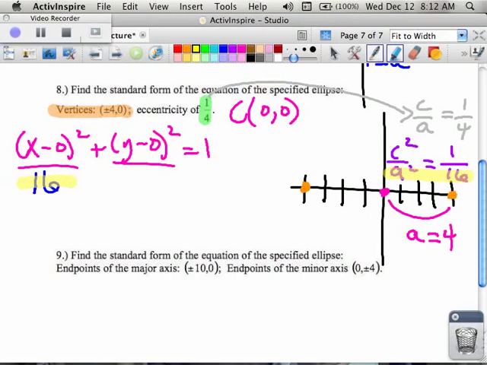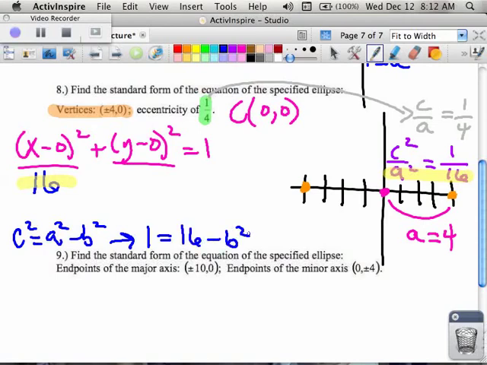I can use my formula that we've had in the past, the one that goes c squared equals a squared minus b squared, which now I can write as 1 equals 16 minus b squared. The b squared is the thing that you're trying to put underneath the y value. So 16 minus 15 is the only thing that works to give you a 1, and that's why your b squared would have to be 15.